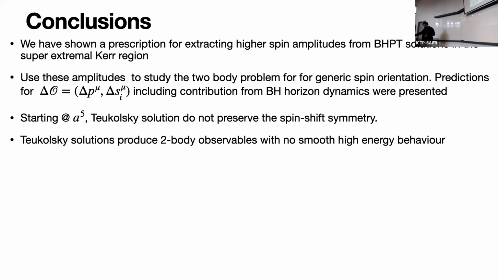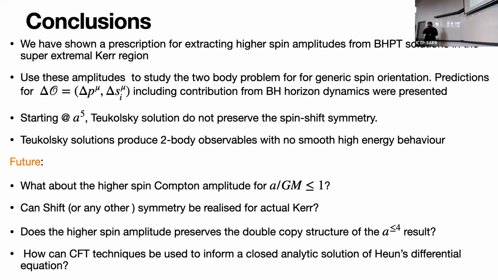The future, which is something we are working on now, is how do you match a quantum amplitude without the need of going to this physical region? Can you restore the symmetry of Kerr, or does any other symmetry arise in that scenario? There is a very interesting double copy for spin up to the 4th, which is just this exponential. It looks the same if you are computing the quantum scattering in electromagnetism.